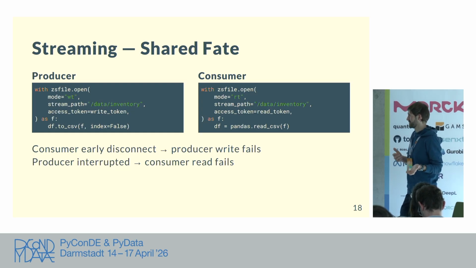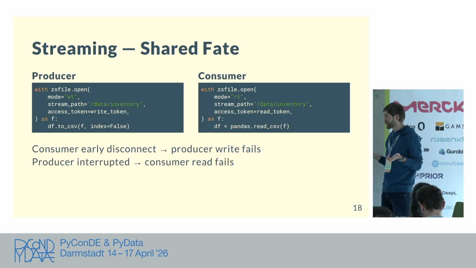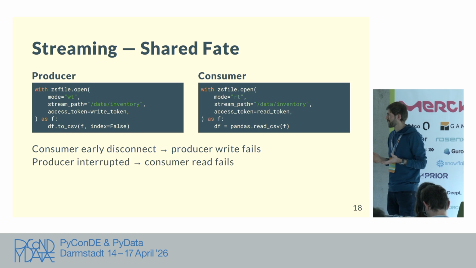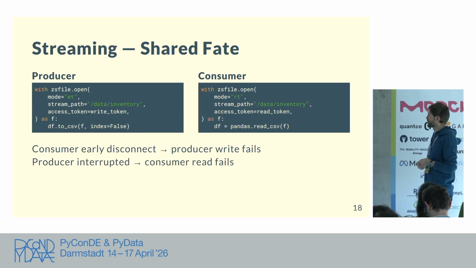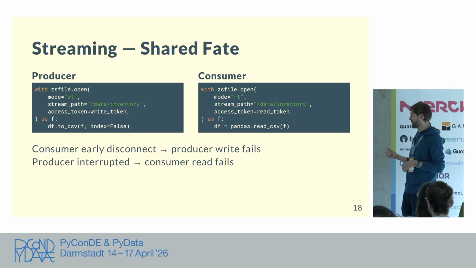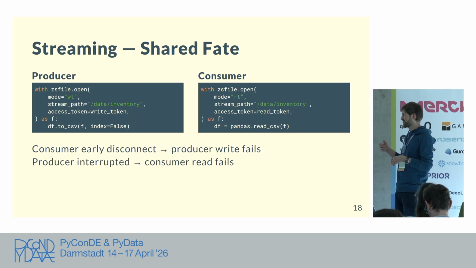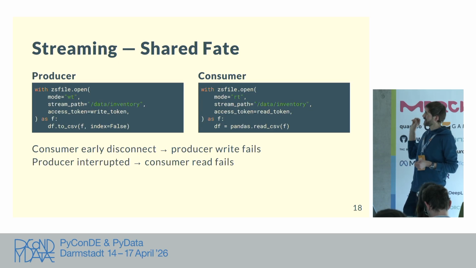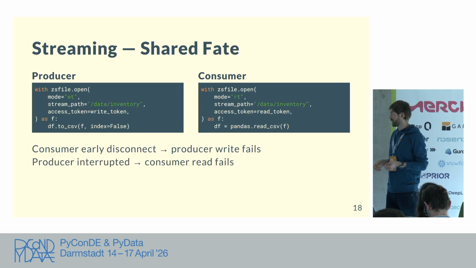So now when we run the producer, save something as CSV, and pass a stream instead of a file, and on the consumer side, we run pandas read CSV with the read side of the stream, and we get interrupted because something happened, it will propagate to the producer side with a meaningful exception message.